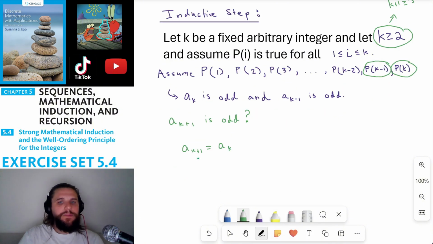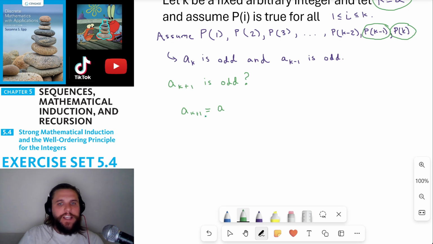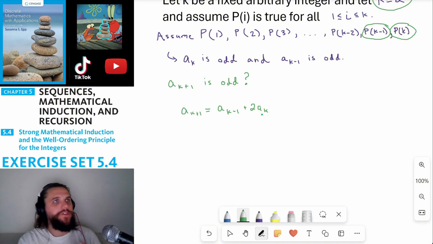So that means that a sub k plus 1 equals a sub k minus 1 plus 2 times a sub k. I'm taking the recurrence relation and I'm shifting the indices by 1 unit.